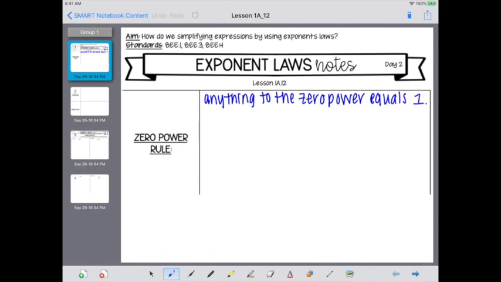Okay, so that means if I have 1,000 to the 0 power, that equals 1. 403 to the 0 power, 1. 2 billion to the 0 power would be 1. So writing it in algebraic terms, we would have a to the 0 power equals 1. Not a bad rule. Okay, let's move on to the next rule.